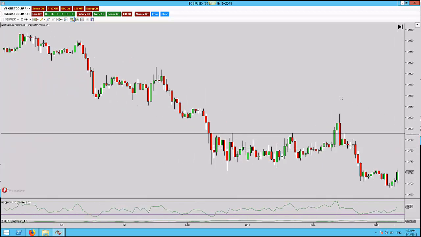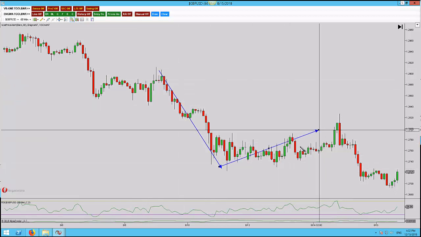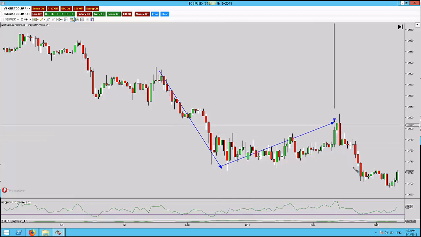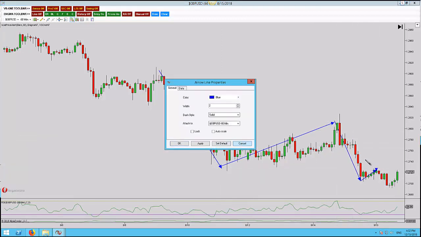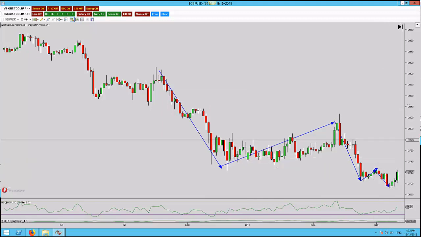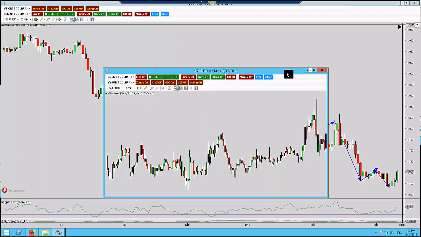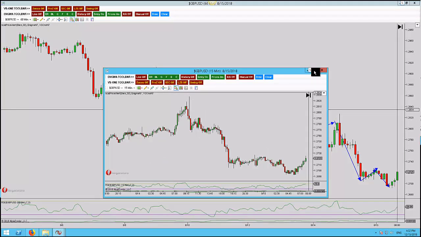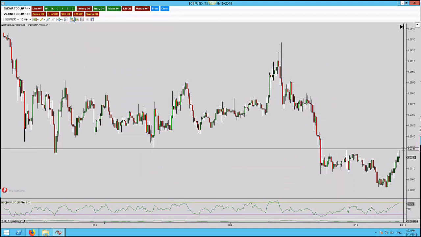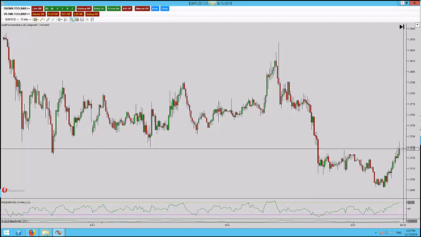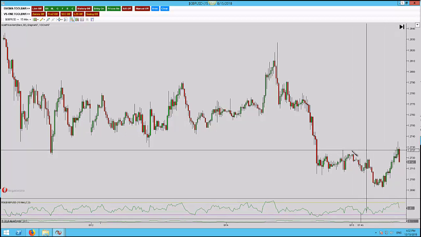Okay, so we're still in trend here: new structure low, outside return, new structure low, outside return, new structure low. So I'll be looking for a lower low, lower close on the lower time frame, which is the 15-minute, which is this one. We're getting wicks. Okay, there's our lower low, lower close.